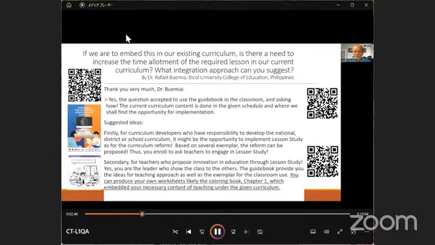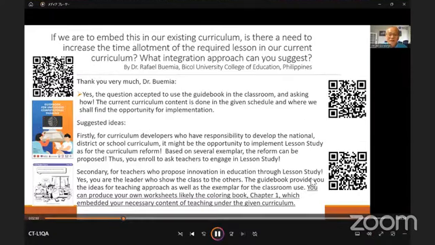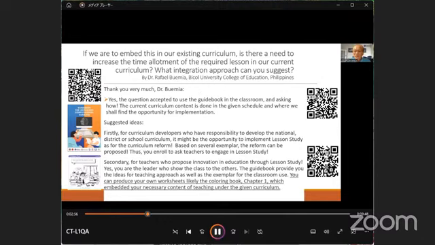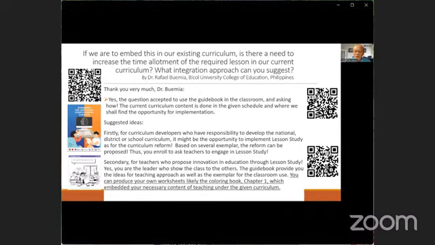And secondly, for teachers who propose innovation in education through lesson study, you are the leader who shows the class to the others. The guidebook provides you ideas for the teaching approach as well as exemplars for classroom use. Do you remember this task?